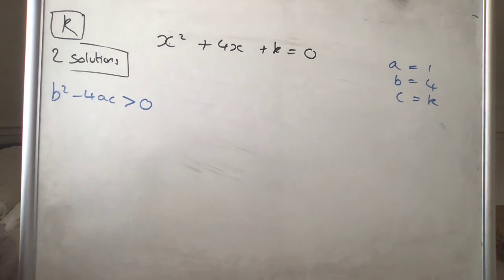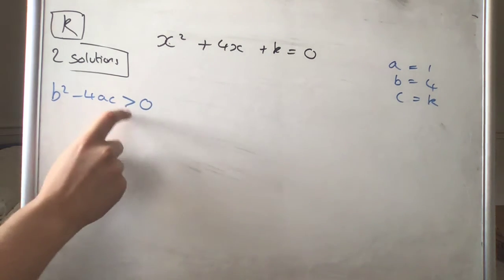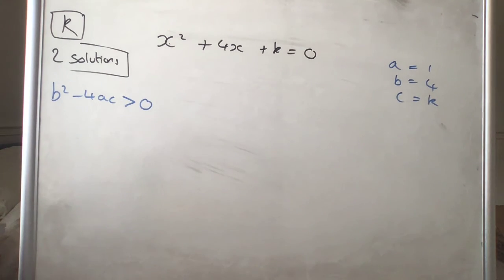Okay. Now we want to simply substitute a, b, and c again into the discriminant to get an equation with one unknown k. Now, also note that as this statement involves an inequality, this symbol here, our answer will also be an inequality. Okay. So first of all, let's plug these values in.